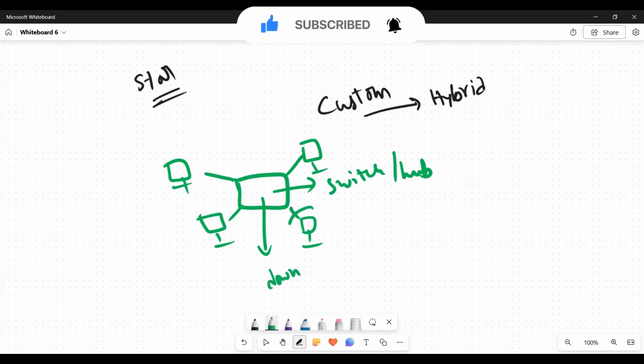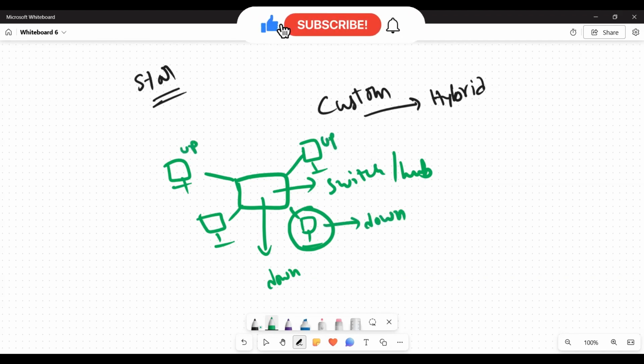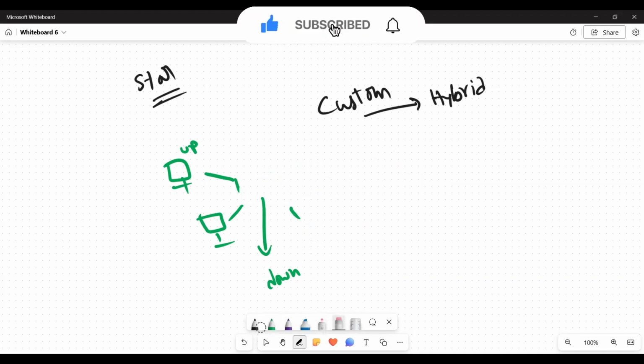If any one of the devices is down, then the rest of the network will be up except this device. And this is up and this is up. Okay. These are the drawbacks I had missed in the two topologies. Now that I have also explained them in the last minutes of this video.